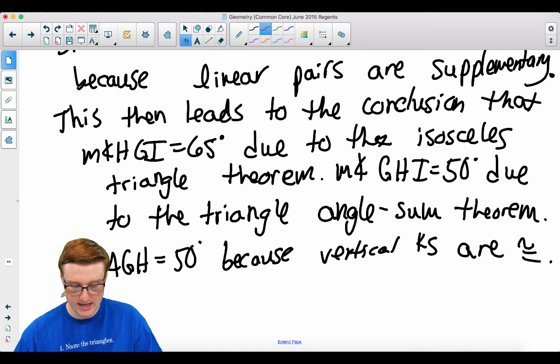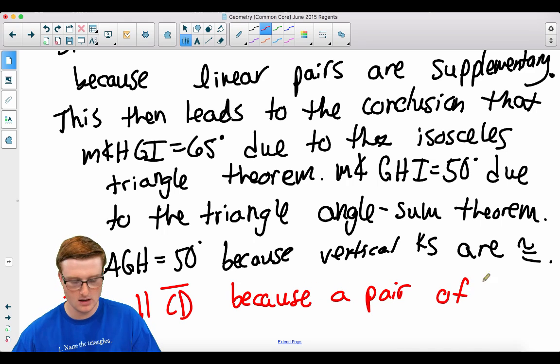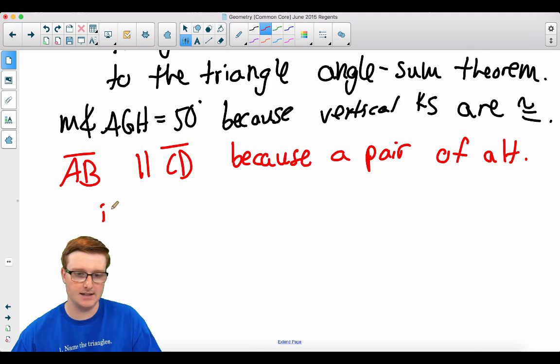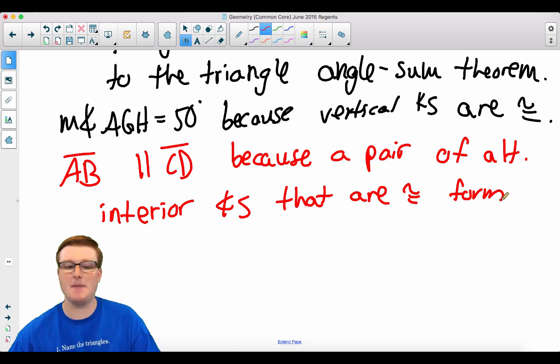So now I'm going to say that AB, this is your final conclusion, AB is parallel to CD because a pair of alternate interior angles that are congruent form parallel lines.